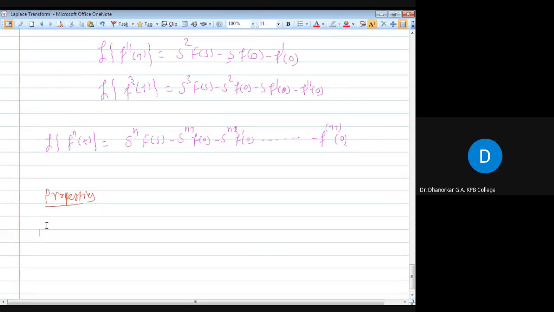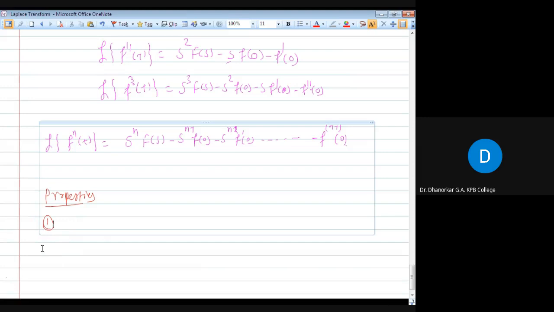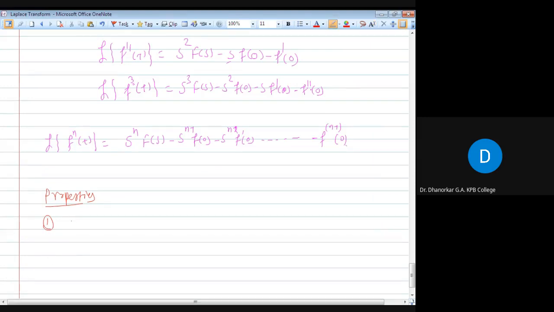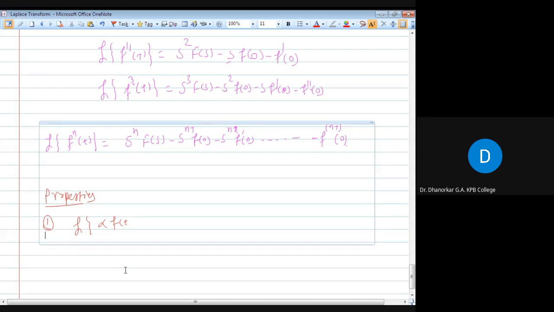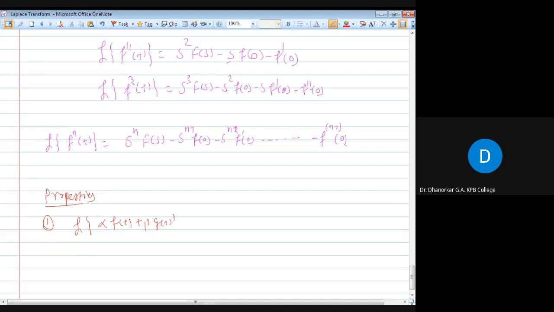First property, this is a simple one, linearity property. Laplace transform of alpha into f of t plus beta into g of t is equal to alpha into F of s plus beta into G of s.